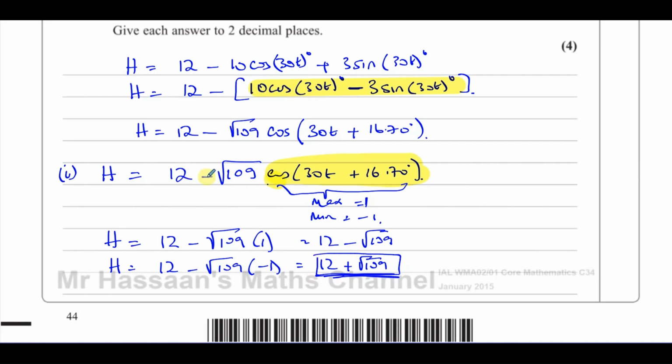So when this becomes minus 1, this becomes plus root 109, and you end up with 12 plus root 109. So this is the smallest value it can become, and this is the biggest value it can become. So you can say the maximum value is 12 plus the square root of 109.